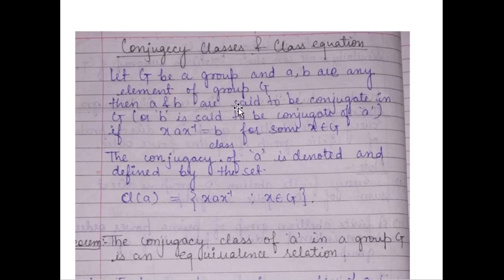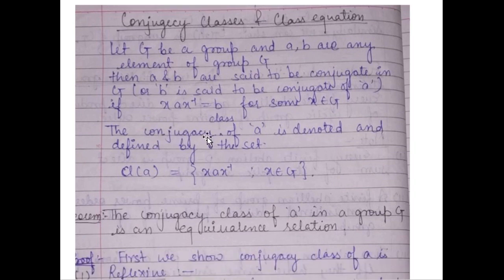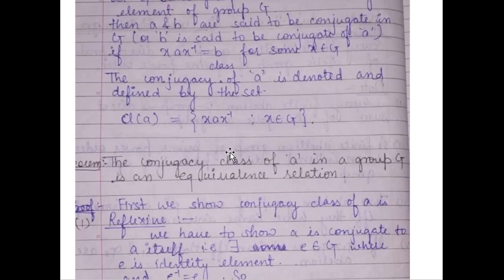Then B is said to be a conjugate of A. The conjugacy class of A is denoted by the set CL(A). This is the set of all elements of the type x A x inverse where x belongs to G. So this is called the class set.